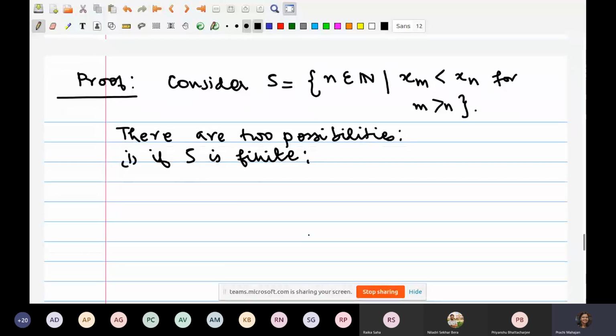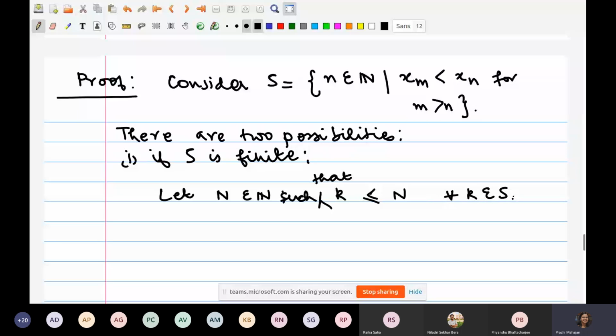Now, what is S in case one? It is a finite subset of natural numbers, right? So it's a finite set. You can take the maximum, which means that I can find a natural number capital N such that k is less than or equal to capital N for all k in S. Capital N is the maximum in here, right?